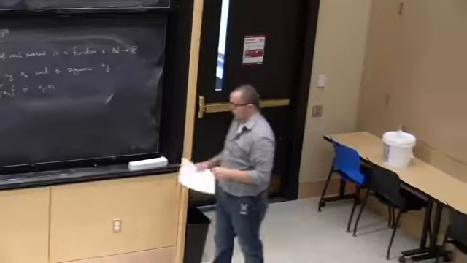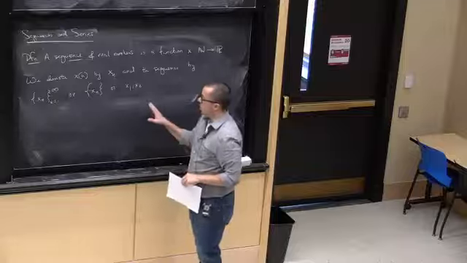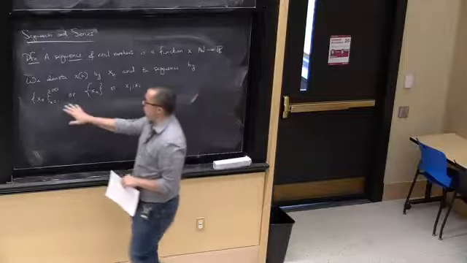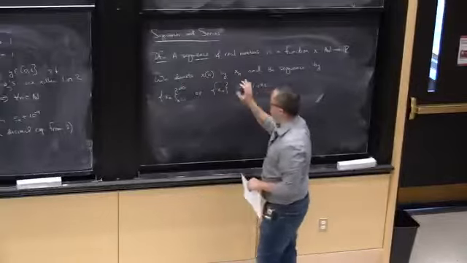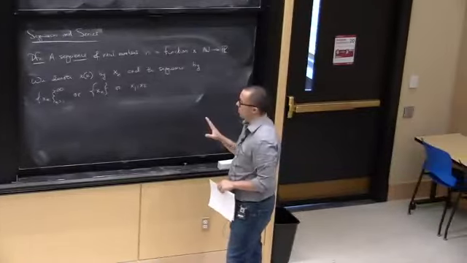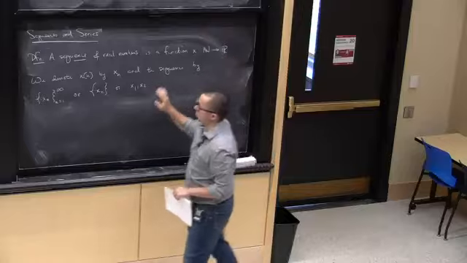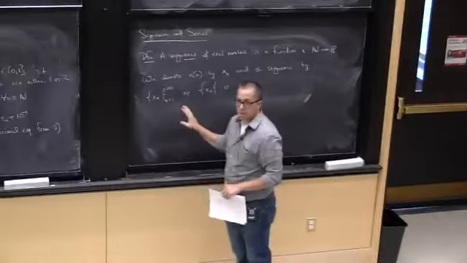All right? So let me quickly say that, again, a sequence, unambiguously defined, is a function from the natural numbers to the reals. So don't confuse this with a set, okay?